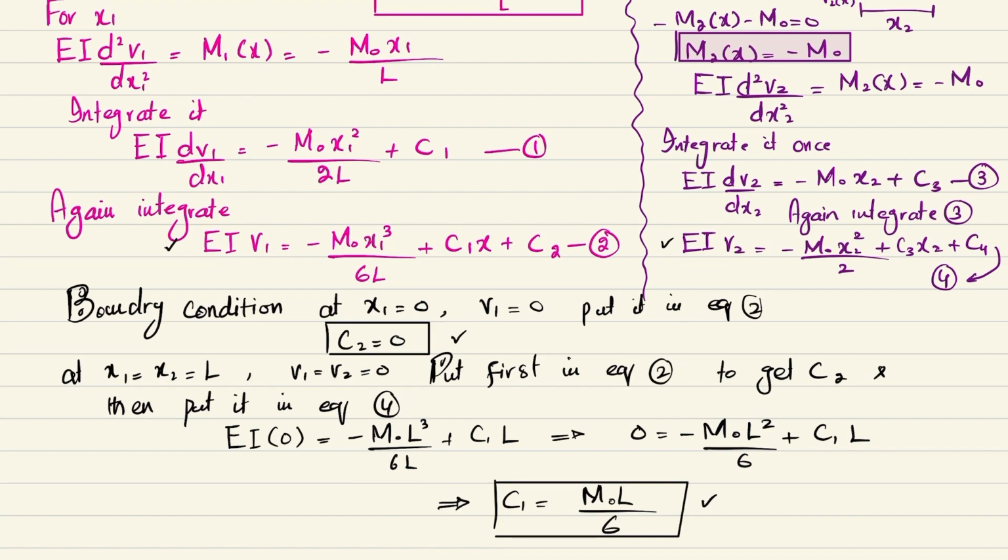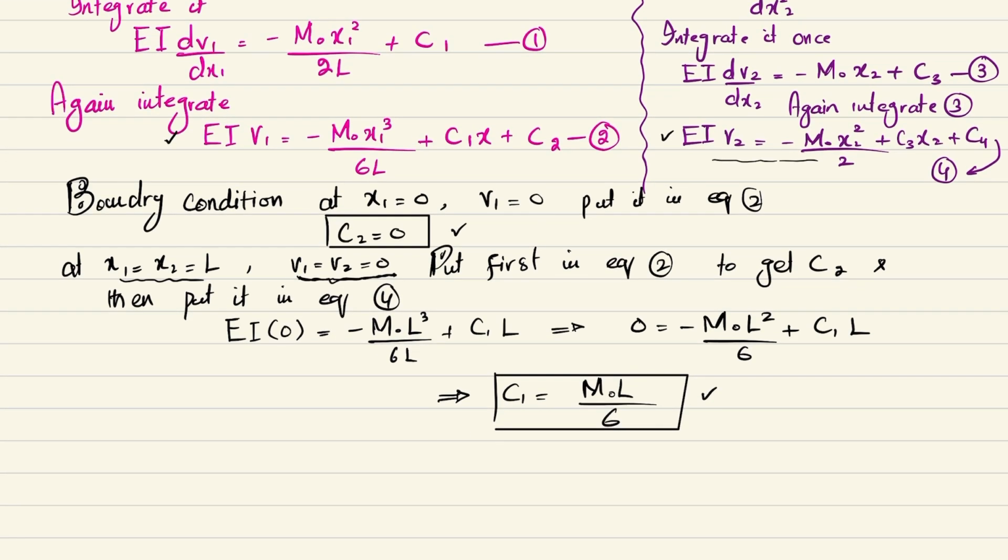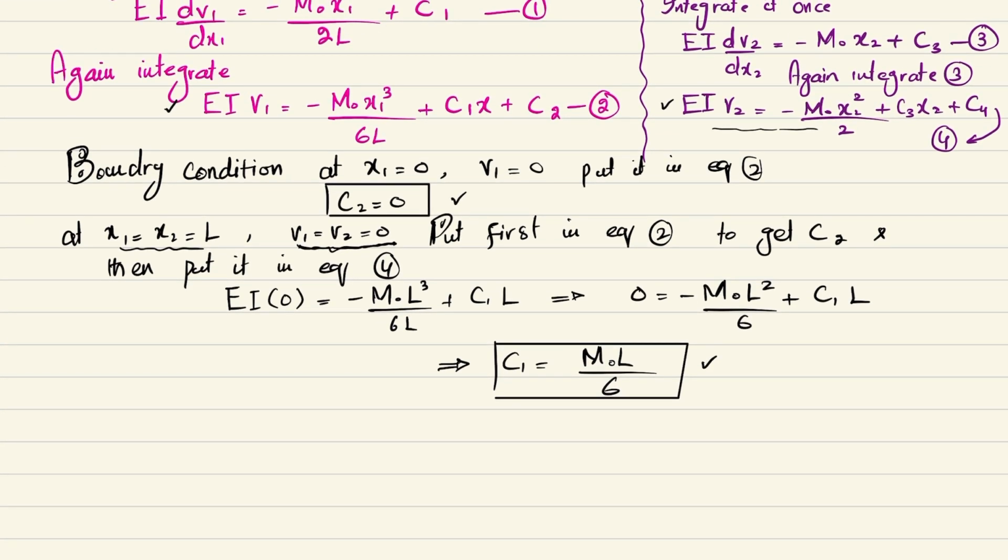Now we'll put the same boundary condition, this one, which I am going to highlight, in equation number 4, and this is equation number 4. So when you put V2 is equal to 0, this side will be equal to 0.